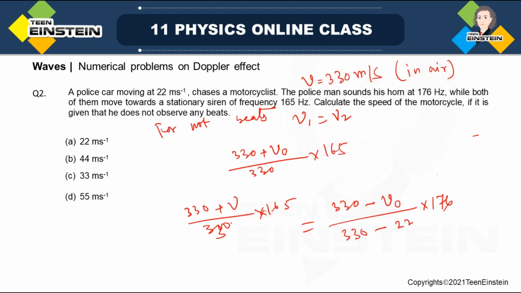So these are equal. Now this is v0. If we solve this for v0, then you will easily find that this is 20 meter per second, same as the velocity of the policeman.